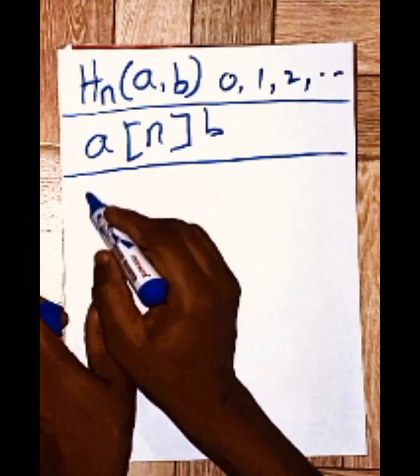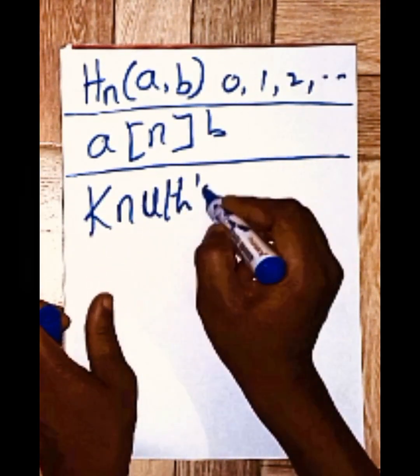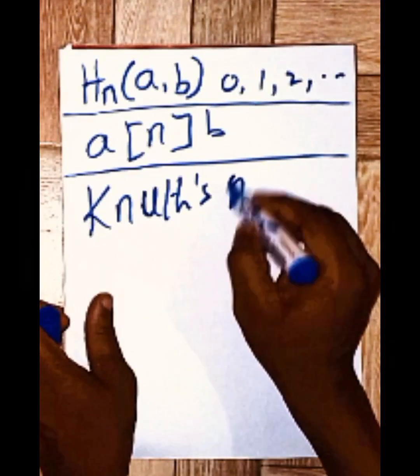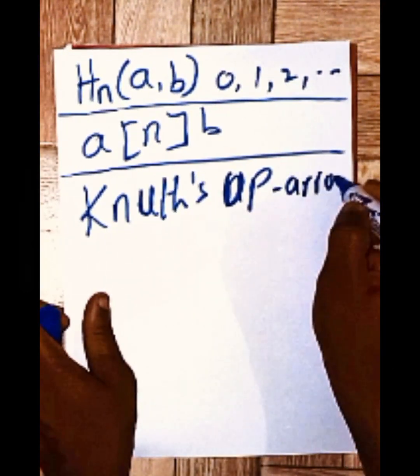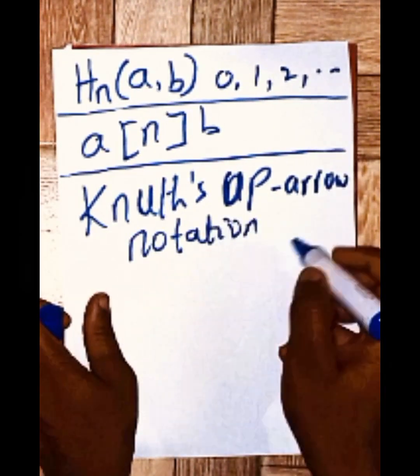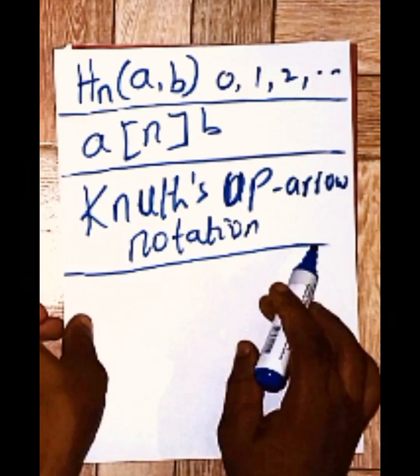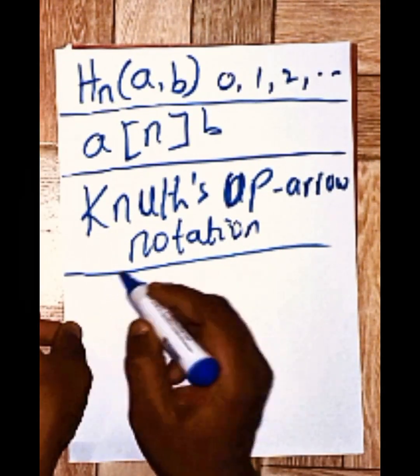Now there is another notation called Knuth's up arrow notation. Unfortunately, counting doesn't have a notation like that. Knuth's up arrow notation starts with multiplication.